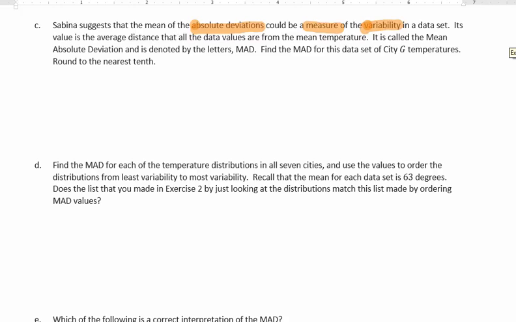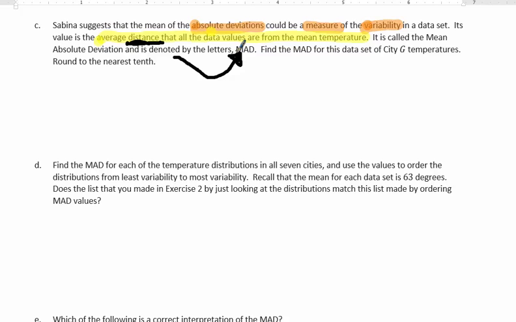It's not just positive or negative, because I'm looking at distance. So it's my average distance, and distances are always positive. It's called the mean absolute deviation, and it's identified by MAD.